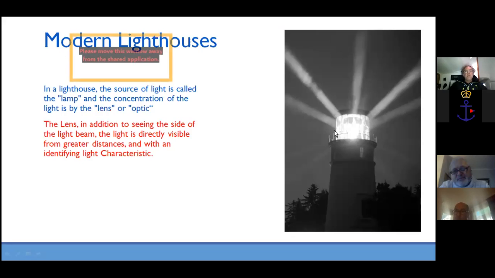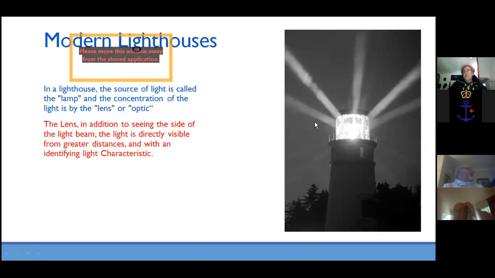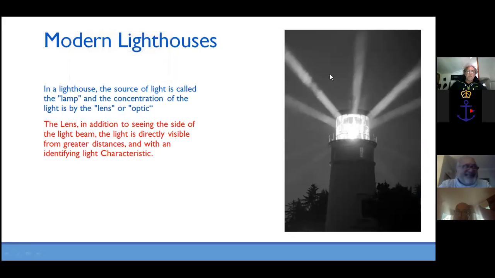The lens is designed to create beams, which then give the lighthouse identifying characteristics. Okay, so if I go back one page, you can see that there will be one beam, there would be the second beam, and in this case, there's lots of beams coming out. And that's specific to the design of the light itself with lenses.